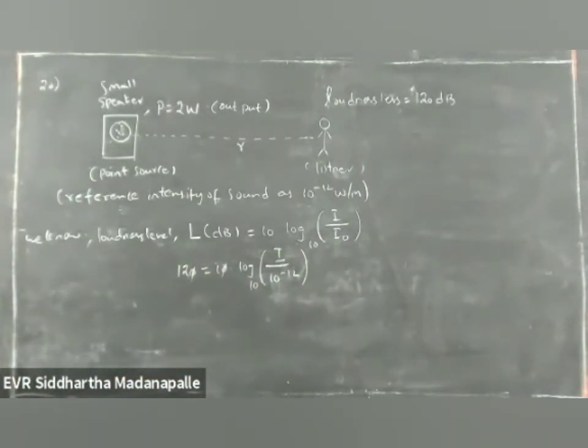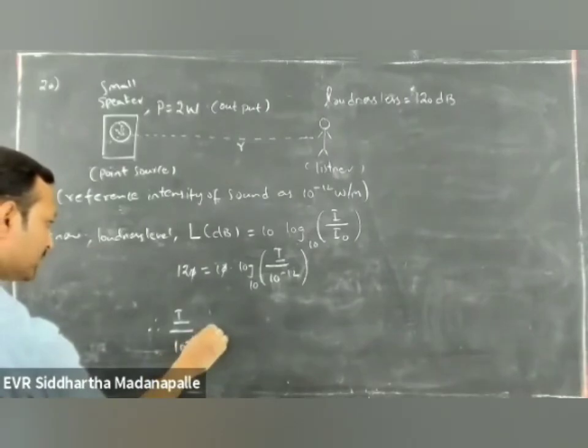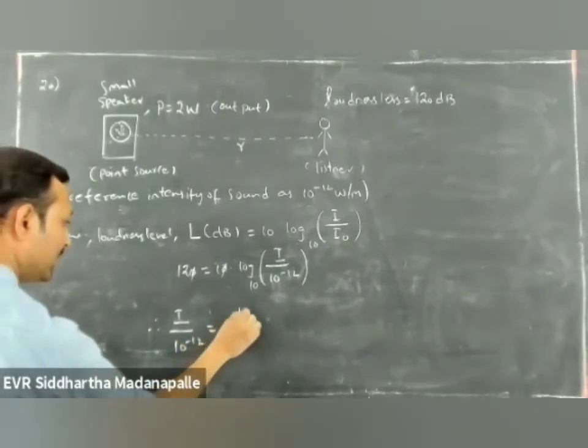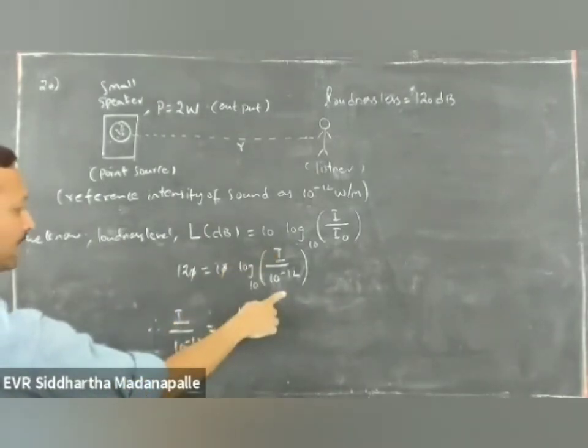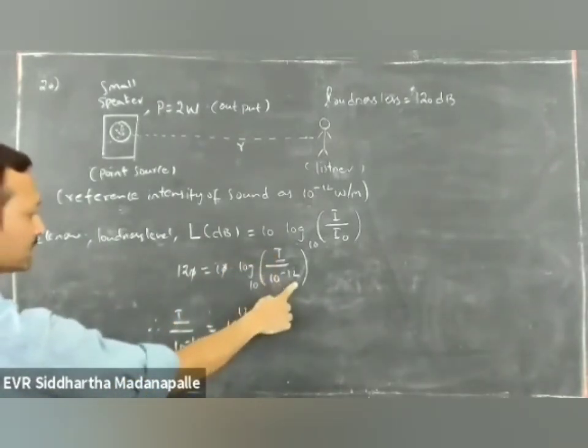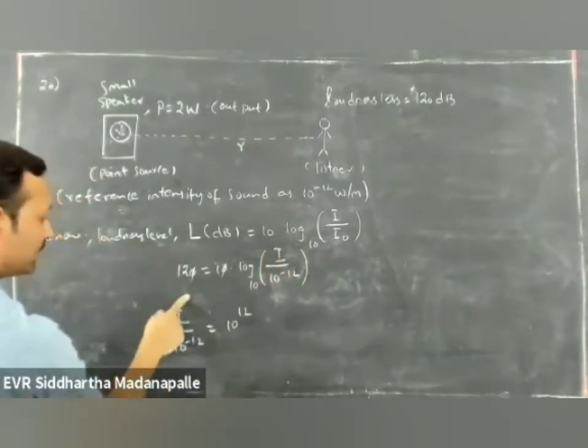So what you get here, 12 is equal to log of I by 10 power minus 12. Therefore I by 10 power minus 12 is equal to 10 power 12.